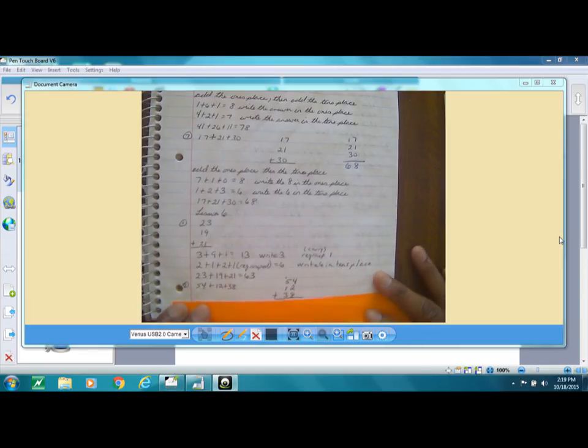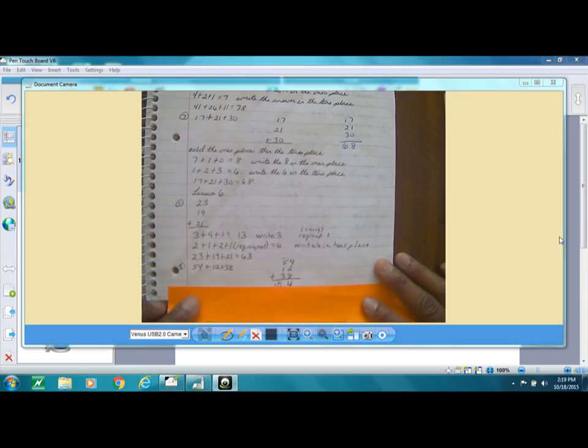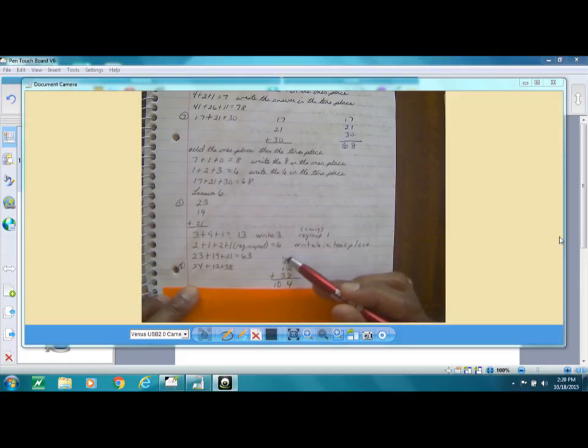Remember, we add the ones place first. That means you have 4 plus 2 plus 8. 4 plus 2 is 6. 6 plus 8 is 14. Write the 4 in the ones place. Carry the 1.